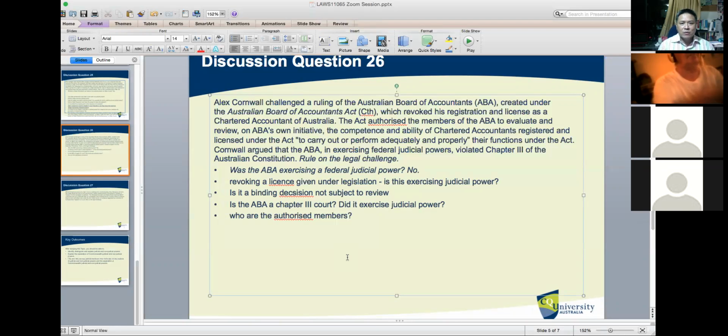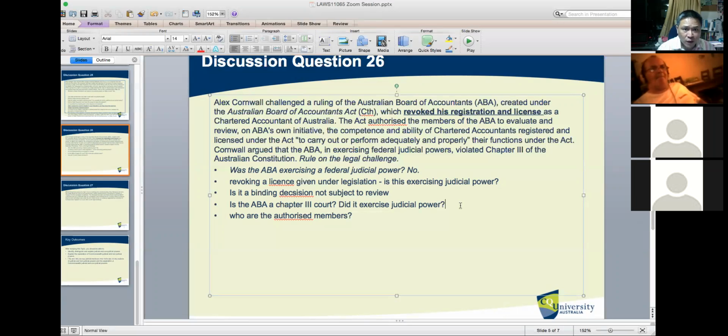So there is a basic question here. If you notice, the ABA has the power to revoke the registration and license of the chartered accountants of some members of the Chartered Accountants of Australia. Okay, the question is, does that involve the exercise of judicial power?